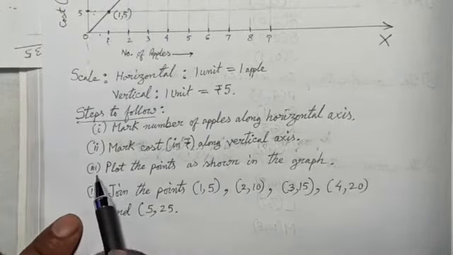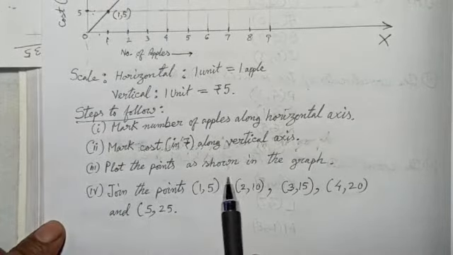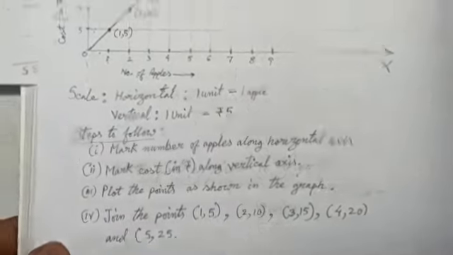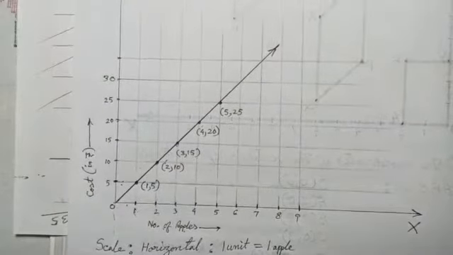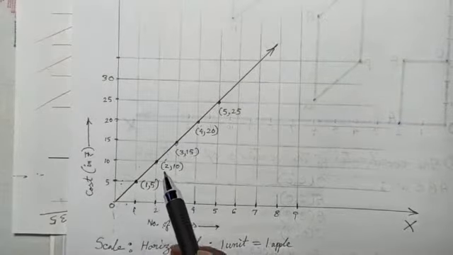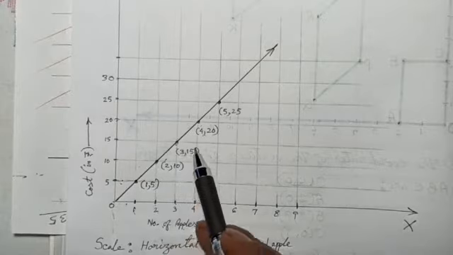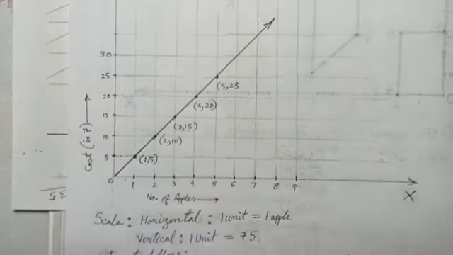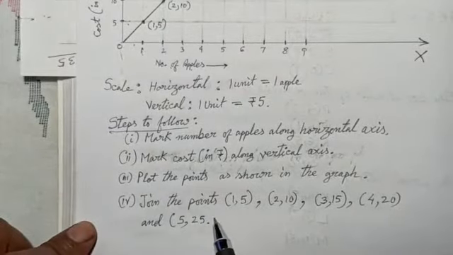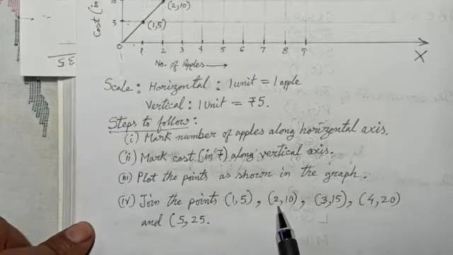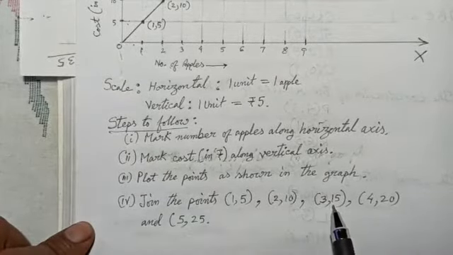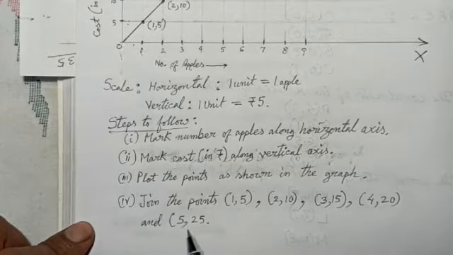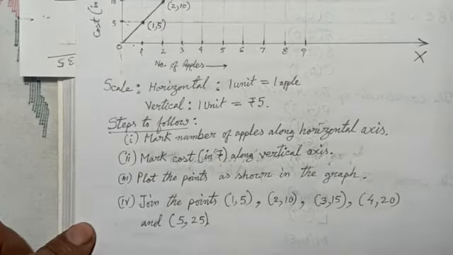Now Roman number 3, plot the points as shown in the graph. Now we are going to plot this point 1,5, this point 2,10, this point 3,15, this point 4,20, and this point 5,25. Join the points 1,5, 2,10, 3,15, 4,20, and 5,25.